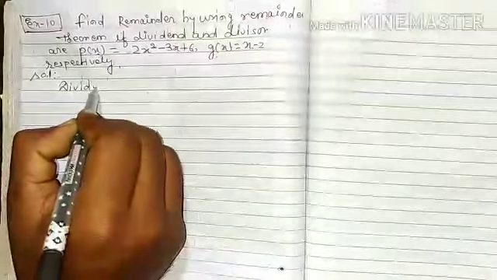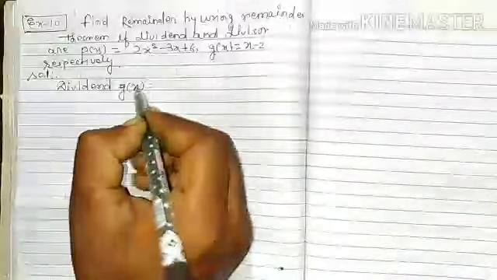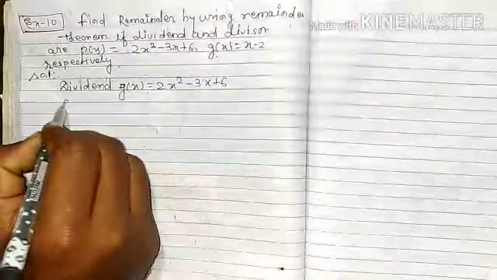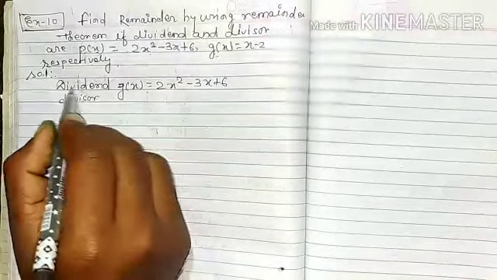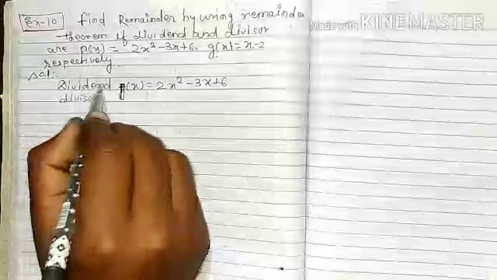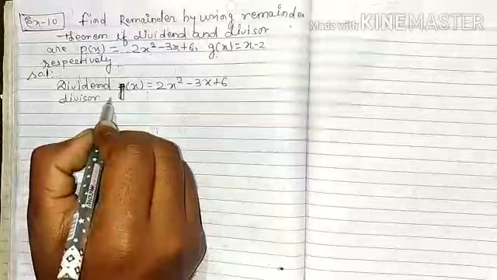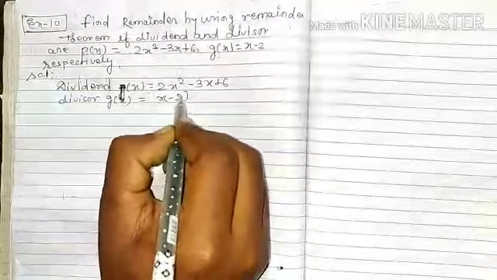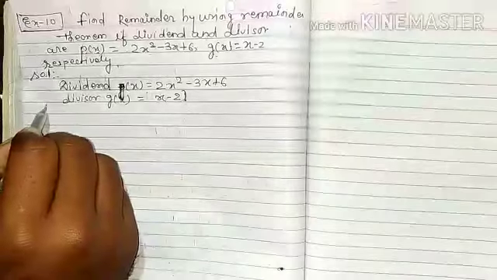So the dividend p(x) is equal to 2x square minus 3x plus 6, and the divisor g(x) is equal to x minus 2.